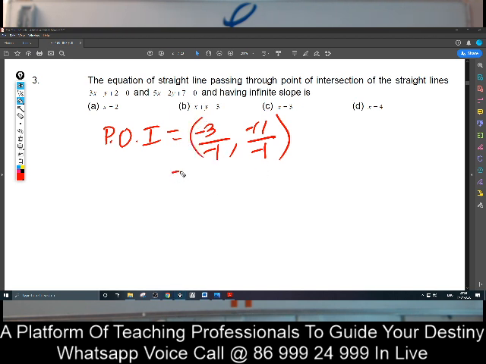So we have written the point of intersection within one step without applying any elimination method or substitution method. Now, having infinite slope means, as everyone knows, the slope of the x-axis is 0 and the slope of the y-axis is undefined.